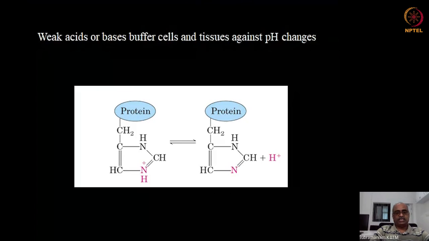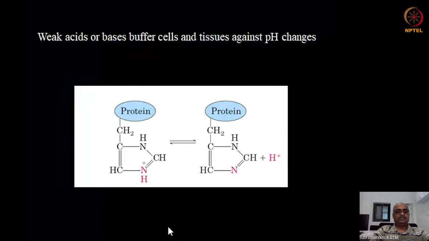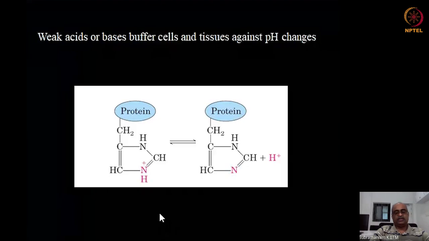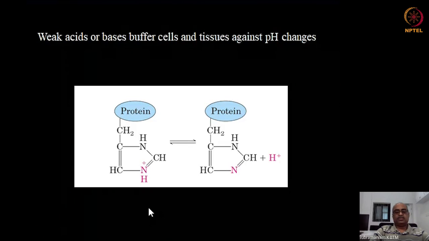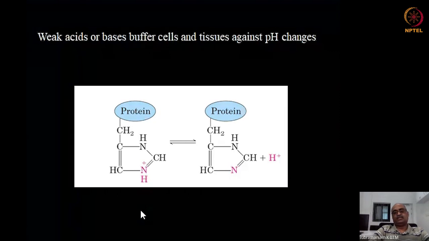But the side chains, like this imidazole group, the amino group in the side chain of lysine, and aspartic acid and glutamic acid having carboxylic acids in their side chain, and the guanidino group in arginine, all of these are charged groups that can act as weak acids and bases.